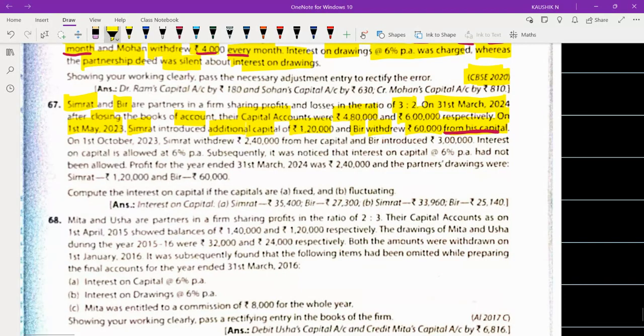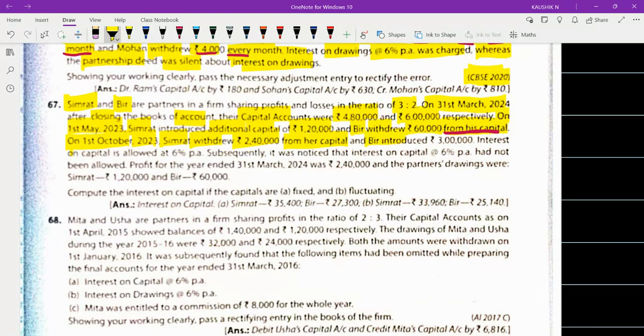And then it says further, very clearly, that on 1st of October 2023, Simrat withdrew rupees 2 lakh 40,000 from her capital. So now she has withdrawn some amount from her capital.